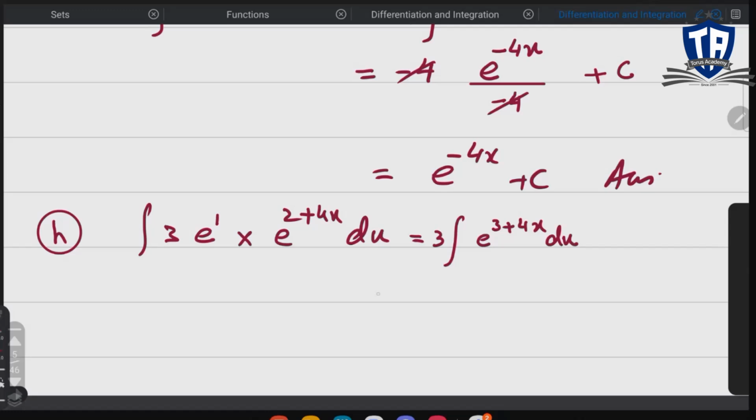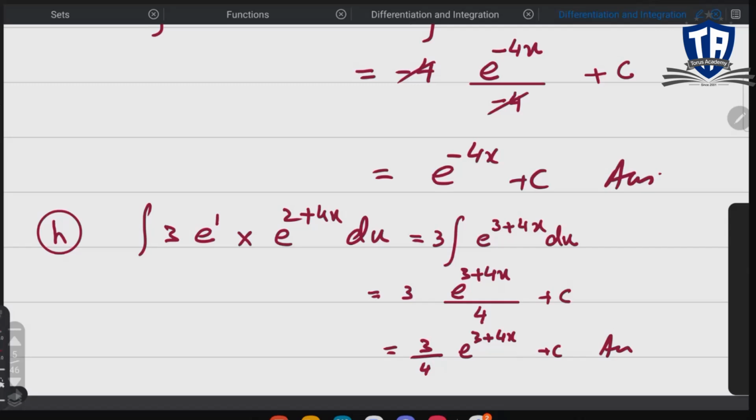Now you take the integral of exponential function as it is and divide it with the derivative of the power. Derivative of power is 4, so divide it by 4, introduce plus c, and write them in an order. It is 3 by 4 e power 3 plus 4x plus c. So here is the rule for simple integration of exponential function.